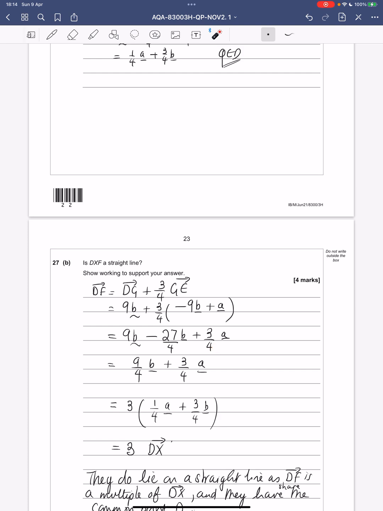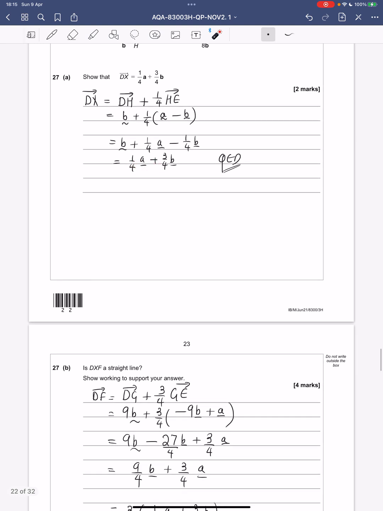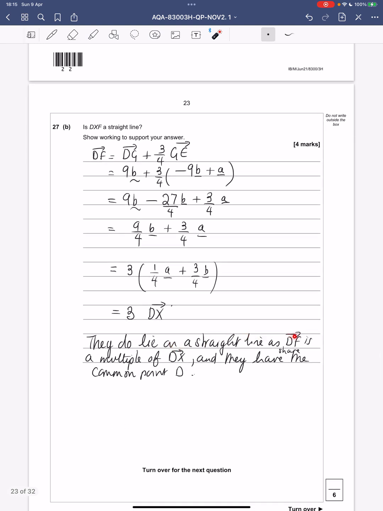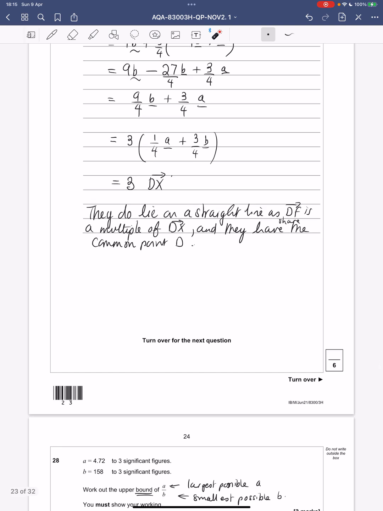So it's 9 over 4 B plus 3 over 4 A. And this is 3 times a quarter A plus 3 quarters B, which is 3 DX. See, look? So they do lie on a straight line as DF is a multiple of DX, the A's and the B's, and they share the common point D. They've got to have a common point as well, or else they could just be parallel lines.